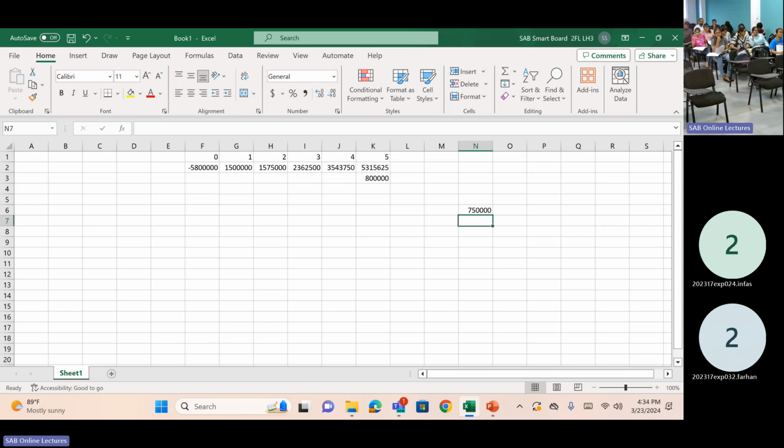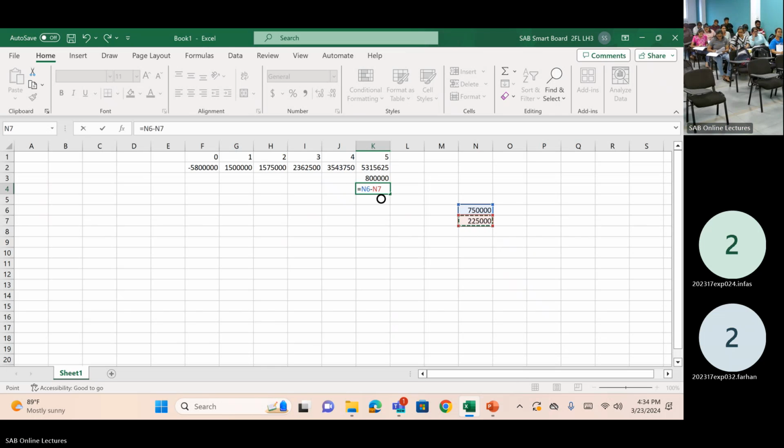Tax rate is 30%, so you have to pay 225,000. So after tax salvage value is how much? Salvage value is equal to this minus this, 525,000.